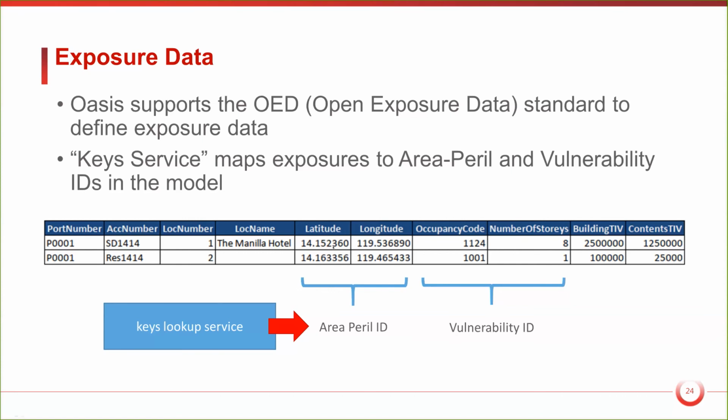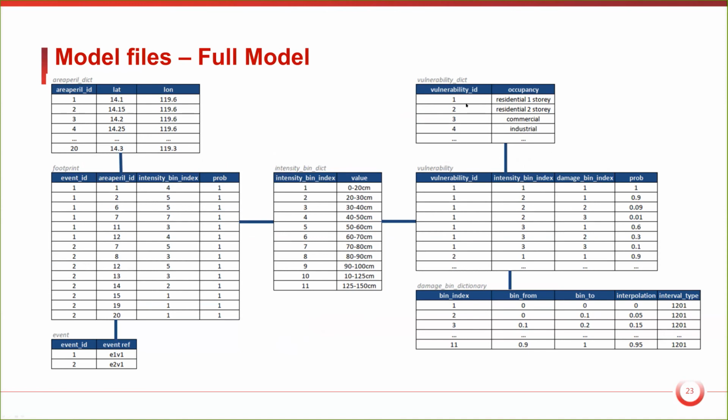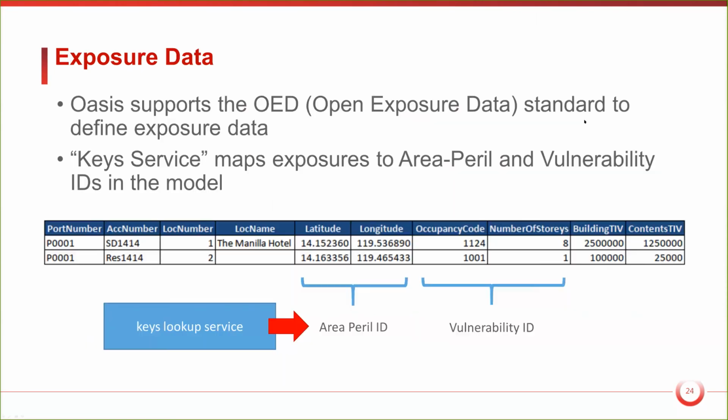So our keys service takes some kind of exposure data, and it might, in this case, take lat longs there, and place those inside a grid cell to give us our area peril ID. It might take our occupancy code, which tells us something about whether it's a residential or an industrial or a commercial property, and the number of stories to map into some kind of vulnerability ID. If you remember up here, we had our different vulnerability IDs representing our different occupancy types with some additional secondary modifier in there on stories.